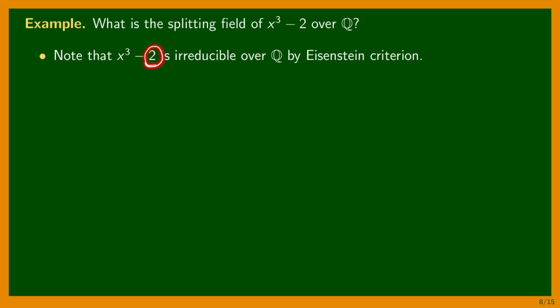Ang possible rational roots na ito ay mga divisors ng 2, plus minus 1, plus minus 2. Pero none of them will make the polynomial 0 when you evaluate. So, by the rational root theorem, wala itong rational roots. Hence, dahil degree 3 ito, irreducible siya automatic. Di ba ganun yun? Pag degree 3 or 2, tapos wala kang root, it means irreducible.